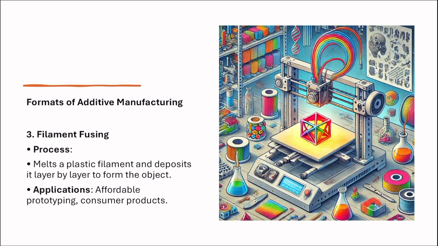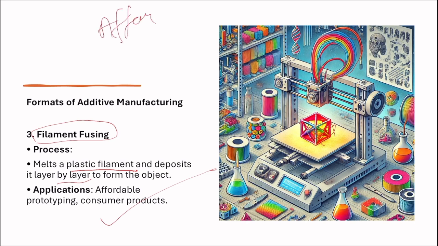The third one is filament fusing. So it will take the filaments, cut them into small pieces, and manufacture whatever you want. It will melt plastic filaments and deposit them layer by layer again. Applications are anywhere it can be applicable, but this is the most affordable. Why?